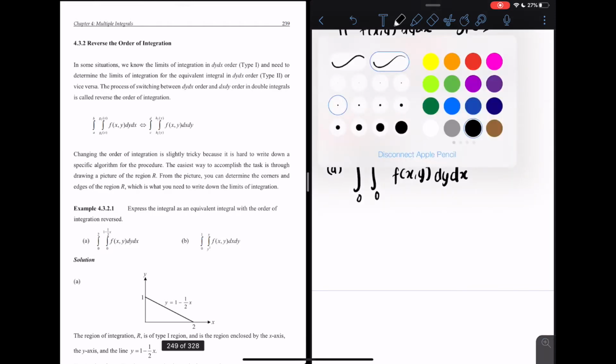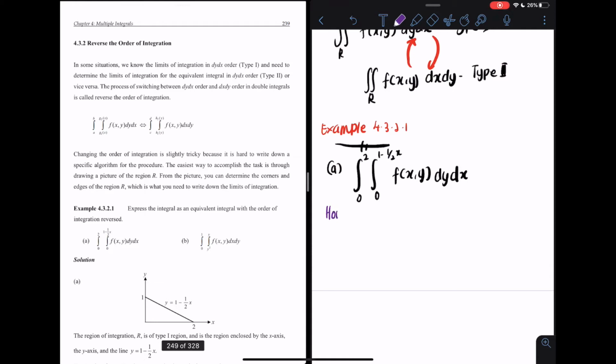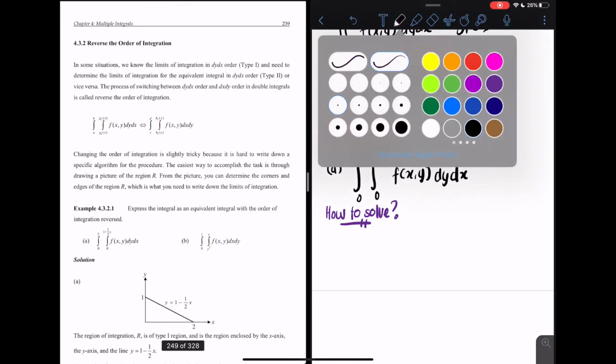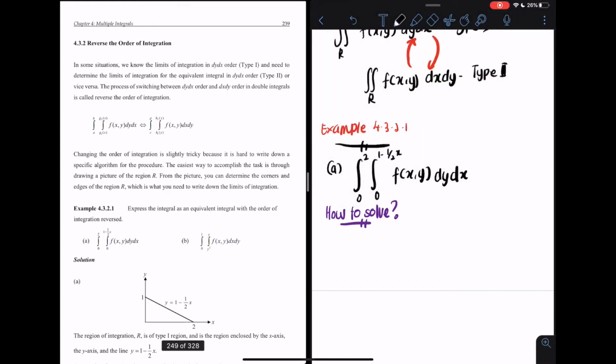So how to solve? Basically, when you have this type of question, you should be able to illustrate the region R based on the limits given in the question. Again, this region R will help us a lot to reverse the order of integration from type 1 to type 2 integral.